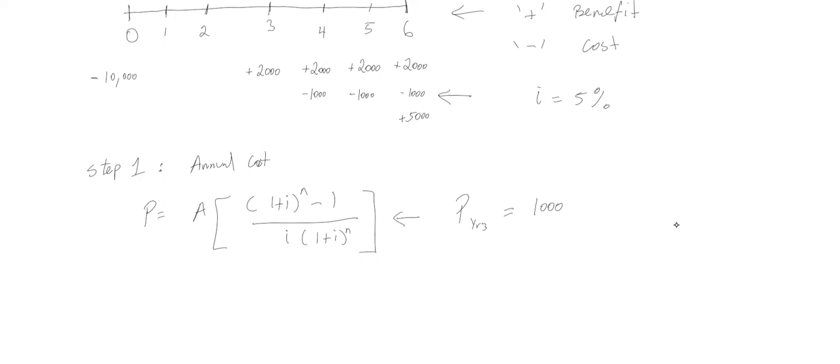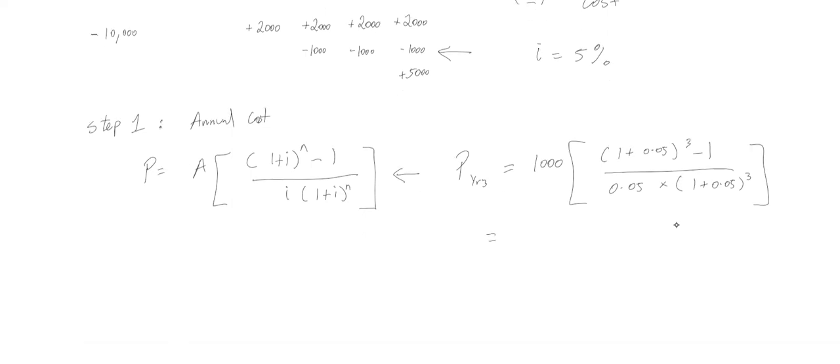The negative signs, we're only going to use them for the timeline, and we will use them at the end, as you will see. So 1,000, 1 plus 0.05, so the 5%, n is 3, take away 1, and then 0.05 multiplied by 1 plus 0.05 to the power of 3, close the big bracket.